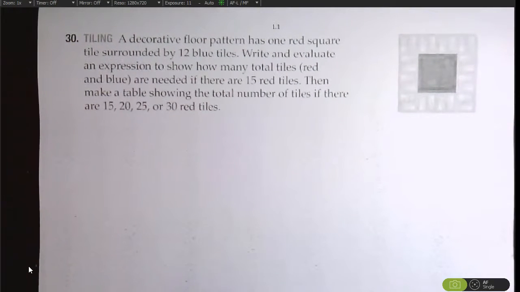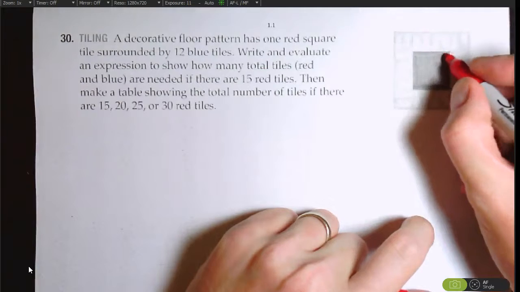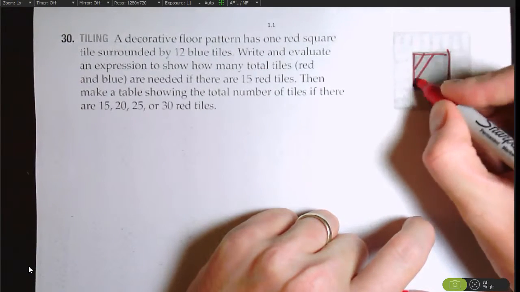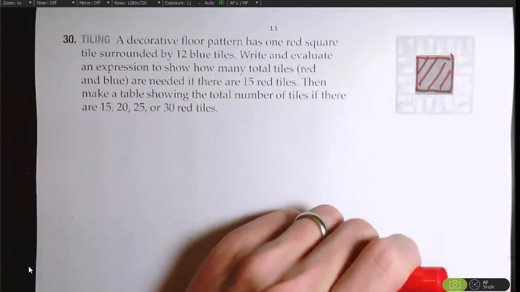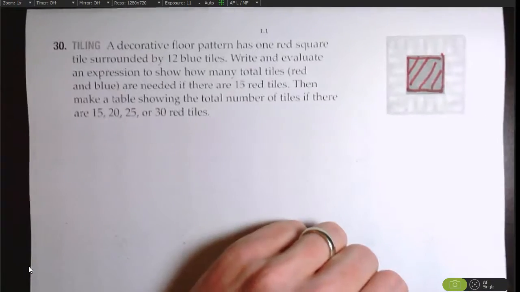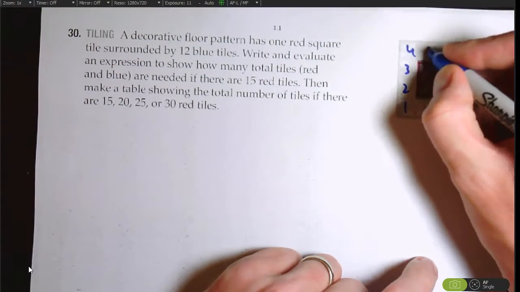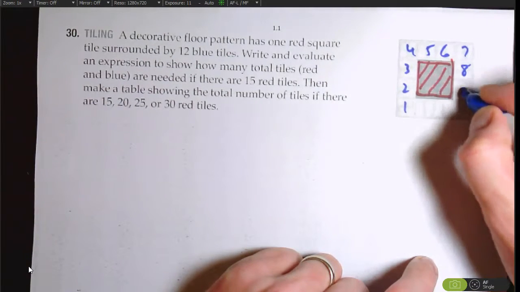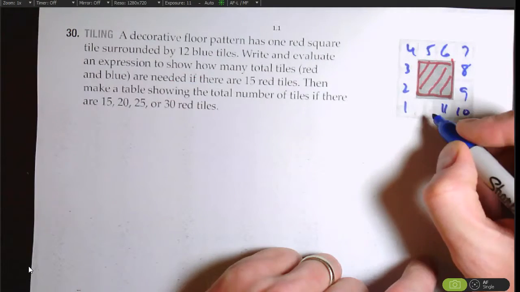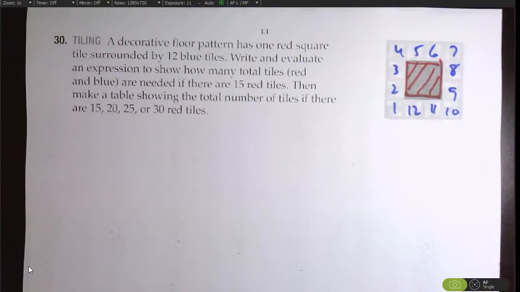Okay, so here's the deal. I should have done, give me a second, I'll get a red marker real quick. Okay, here we go. Red marker. So we have one red tile, and then we have 1, 2, 3, 4, 5, 6, 7, 8, 9, 10, 11, 12 blue tiles.